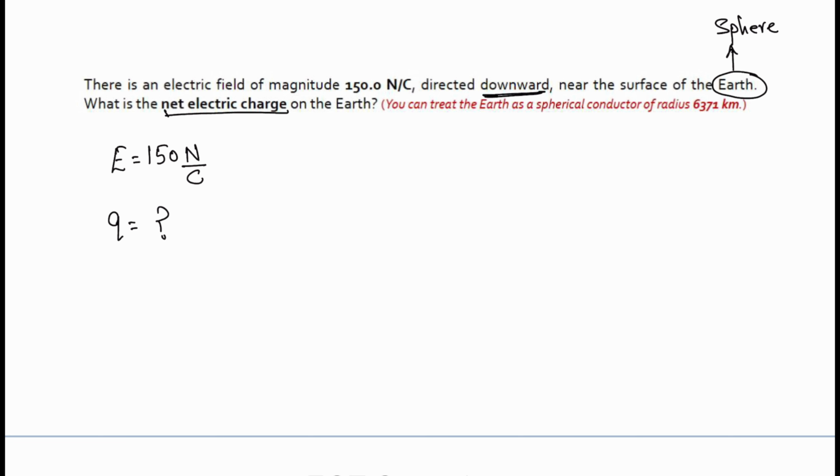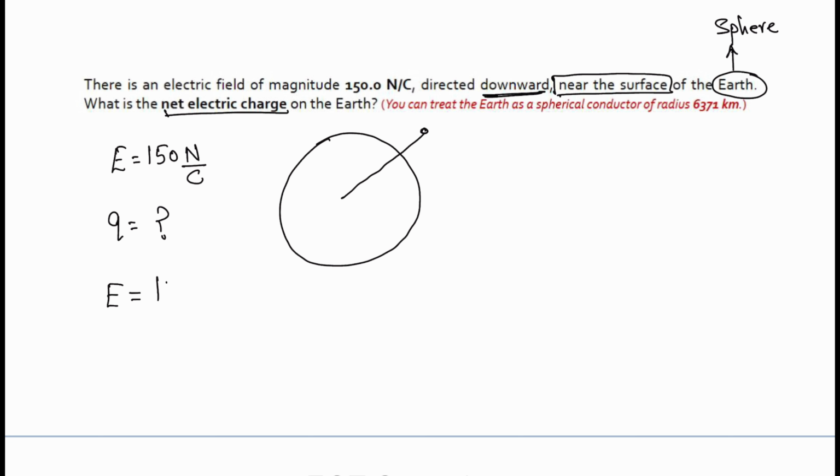Near the surface means, let's say this is the earth, outside the shell or outside the sphere. So in both the cases we have the equation E is equal to k Q over r, not the capital, small r square. Yes or no?